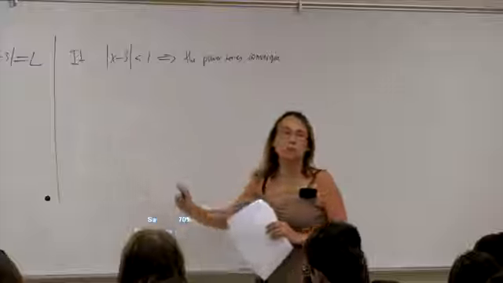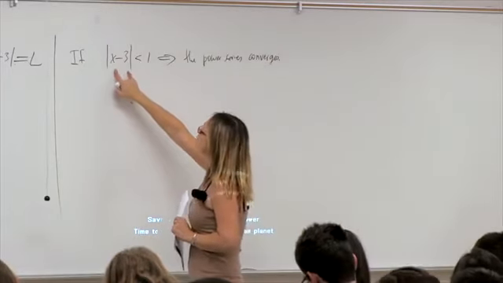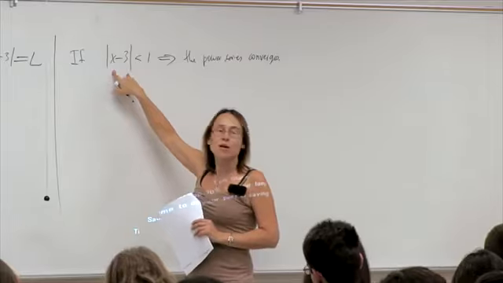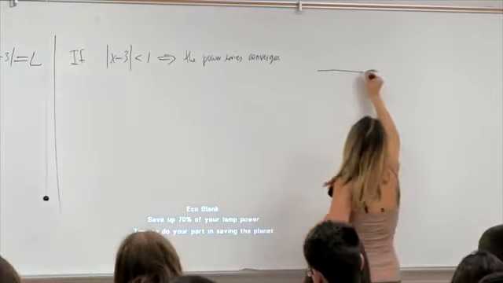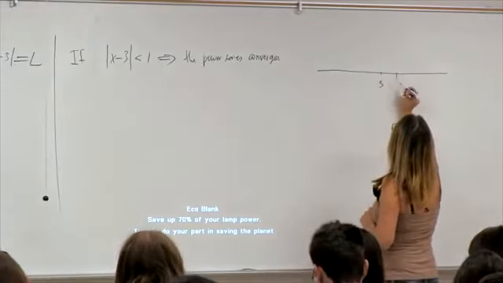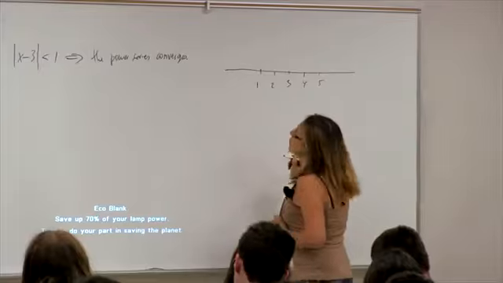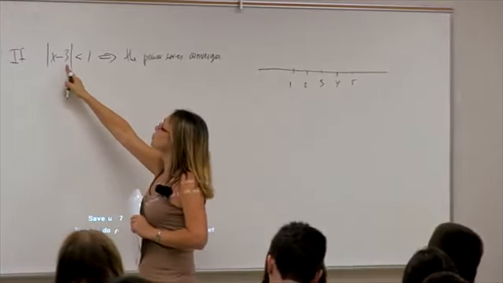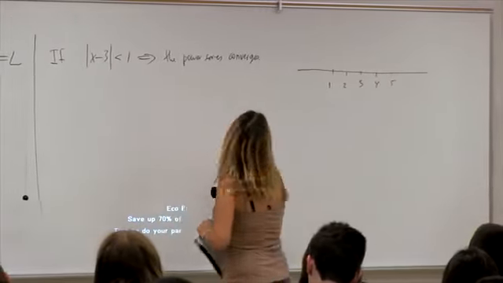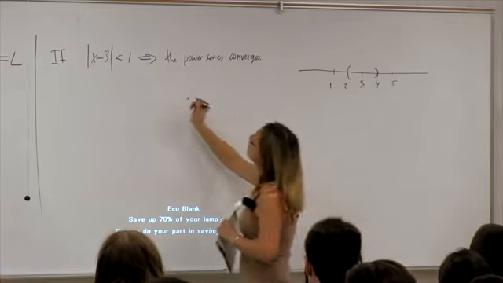So what does this mean in terms of x? You remember what it means in absolute value. It's the distance of x from the number 3. Okay? So if we draw this, if this is 3, x that is closer to 3 than 1 belongs to this interval.